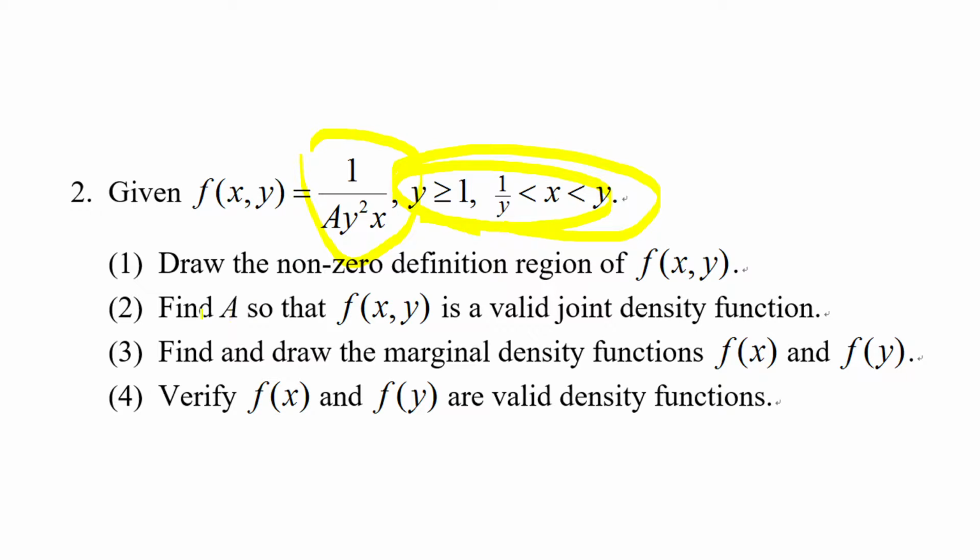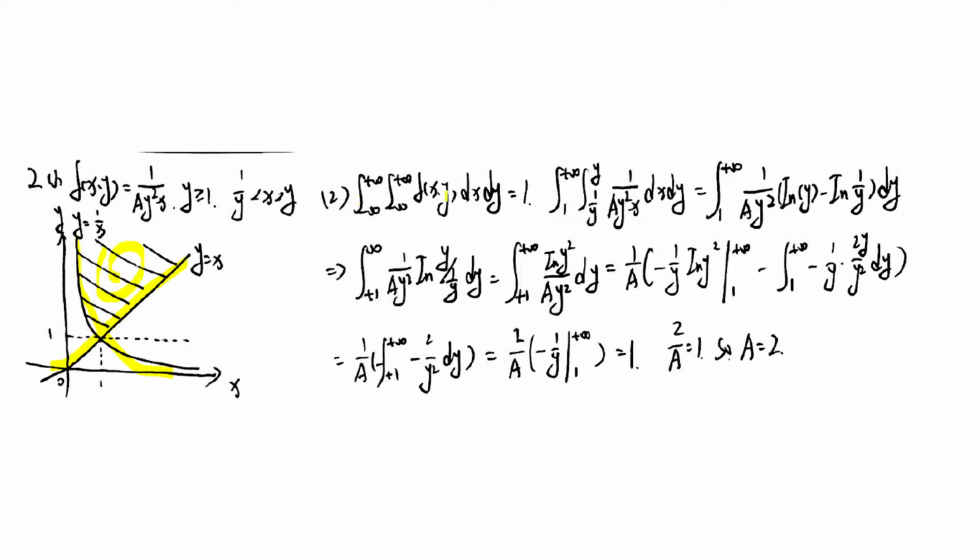And the second question is find A so that f(x,y) is a valid joint density function. If f(x,y) is a valid joint density function, when we integrate f(x,y) from negative infinity to positive infinity, we will get 1.